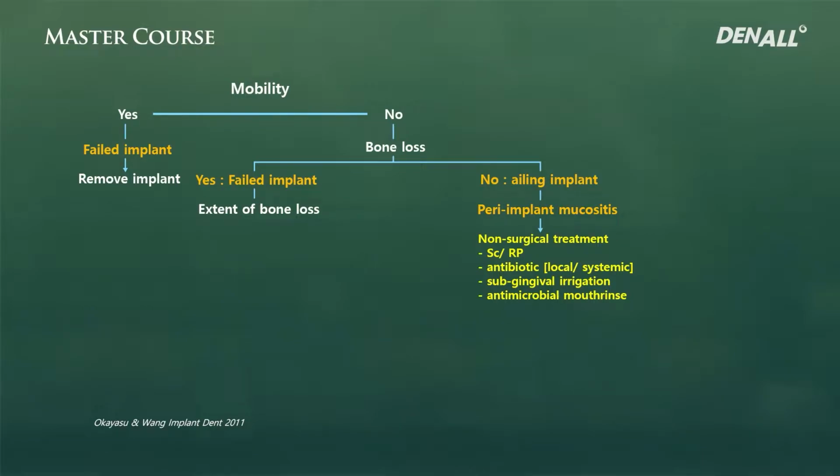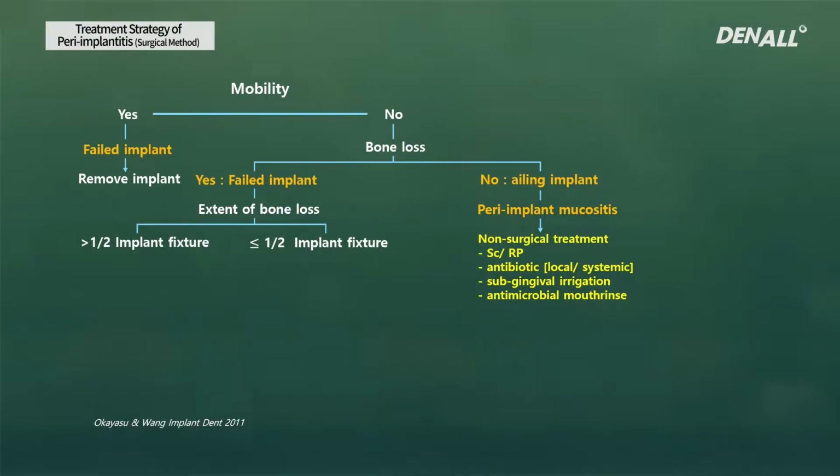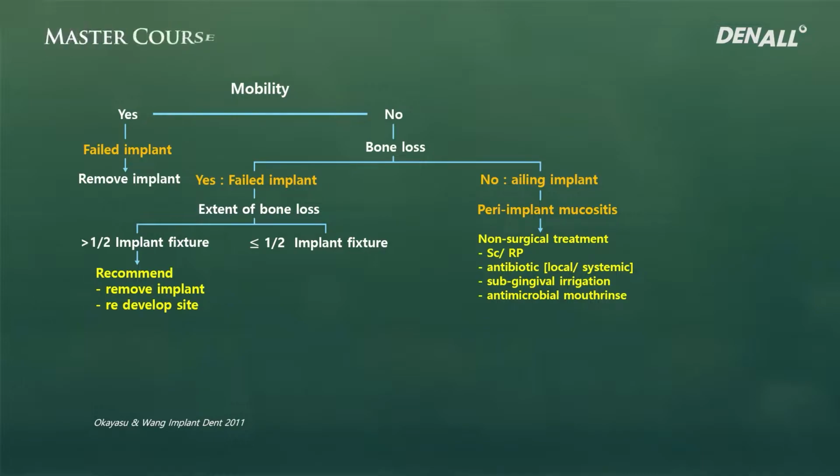If there is bone loss, depending on the severity, you can decide whether to keep or remove the implant. In making the decision, if bone loss is beyond half that of the implant body, rather than keeping it, it is better to remove it. It is better to start from scratch and meet the conditions necessary for implant placement.